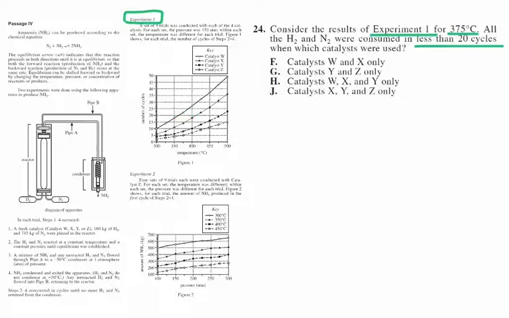It was consumed in less than 20 at 375 for everything except for this one, the circle, so everything except catalyst W. So catalyst W is up here. So X, Y, and Z only. So choice J.